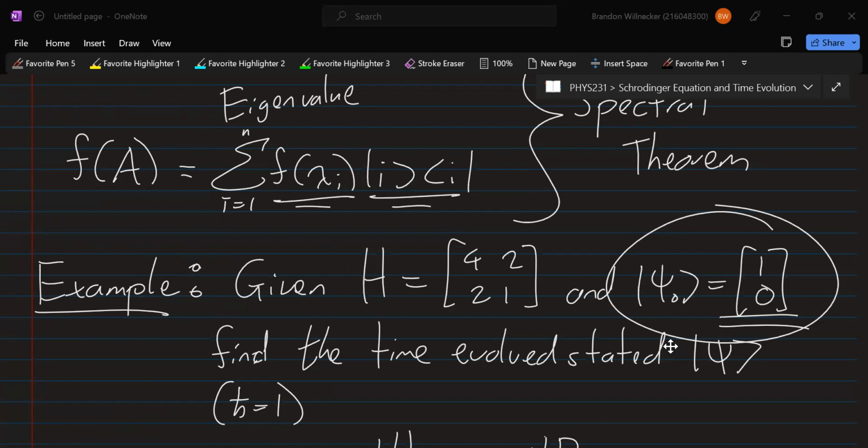In fact, we can use them as an orthonormal basis. That was one of the properties of Hermitian matrices, so please go back and review that if you need to. So we've got the state vector psi naught, and we're going to write it as a linear combination of the eigenvectors of H because they form an orthonormal basis. Okay, so let's do that.